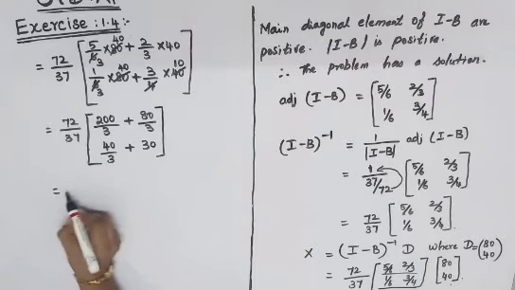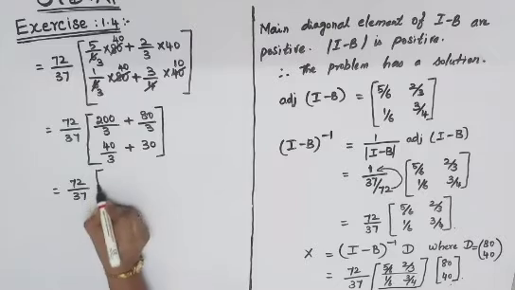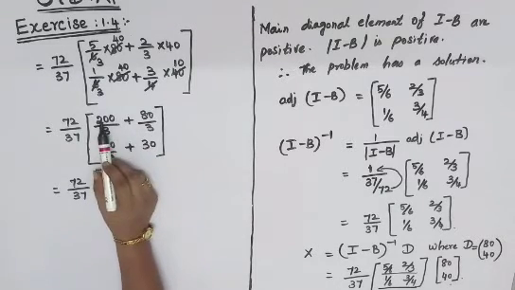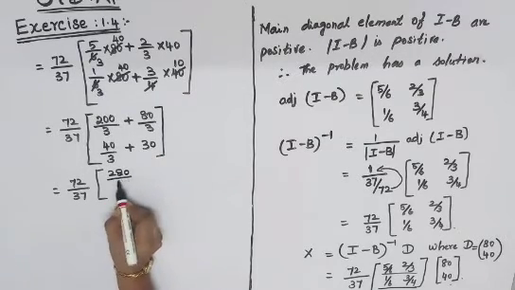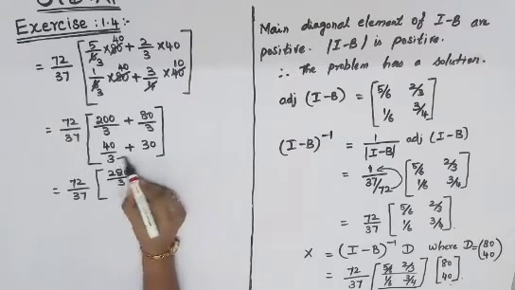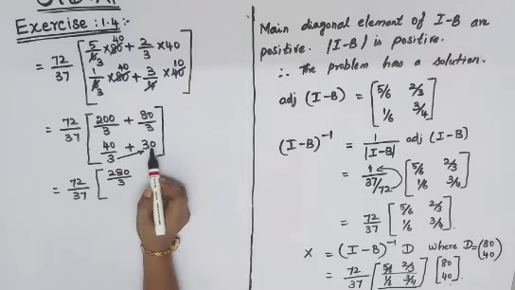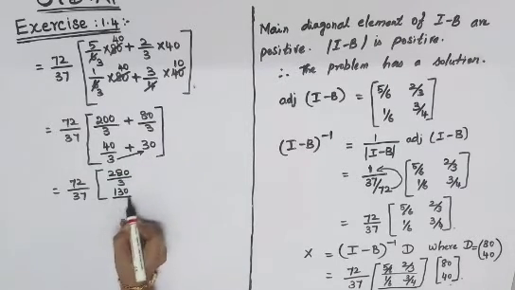So now again the next step of solving, 72 divided by 37 into, here 3 is only there, so LCM is same. So 200 plus 80 you will get it as 280 divided by 3. Here you will have to go for LCM, just go for your cross multiplication. So 40 plus here you will get 90. So 40 plus 90 it will become 130. So it is 130 divided by 3.